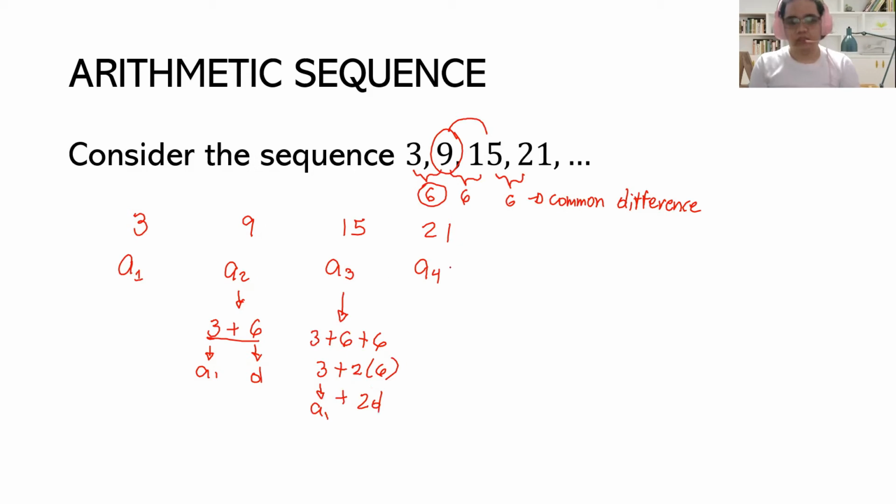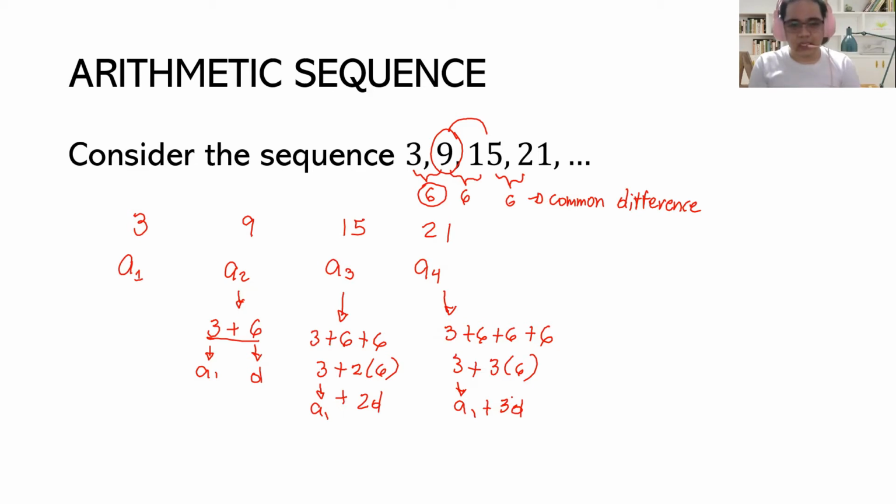Okay? Tapos ganoon din dito. Yung 15 ay 3 plus 6 plus 6. Dagdagan mo na lang ulit ng 6. Diba? Para makuha yung 21. So that will be 3 plus tatlong 6 na siya. Or that will be A sub 1 plus tatlong D. Ayan.